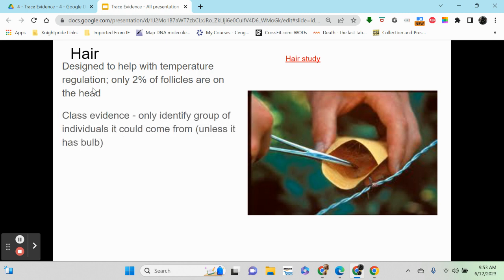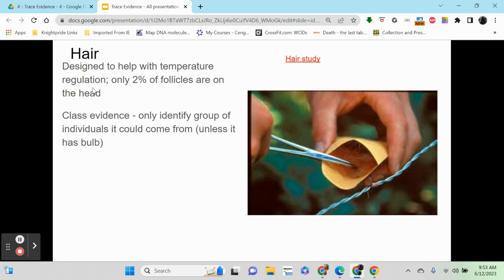Okay. All right. So as I mentioned, with class evidence, we can identify groups of individuals. We could also exclude groups of individuals, at least possibly. So let's say you find a blonde hair at a crime scene. Individuals that have black hair, provided that it's not been dyed or something like that, could be excluded as a potential suspect based on the information you gain.